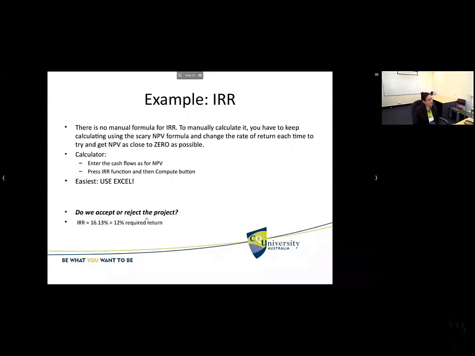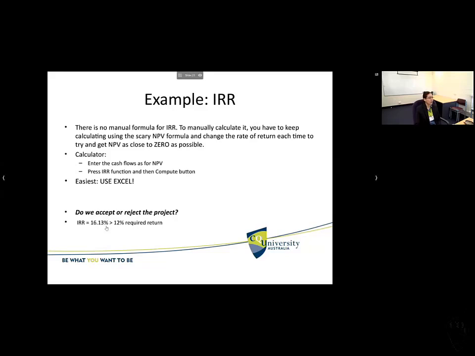And don't forget your decision rules. So if the internal rate of return is greater than your company's required rate of return, then accept it. If it's lower than your company's required rate of return, then reject the project. Okay, now for your assignment, you will make up that required rate of return. So you will say, okay, my company will accept an internal rate of return of 12% or higher.